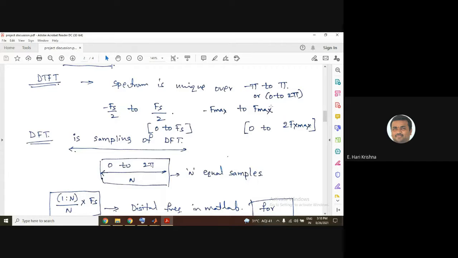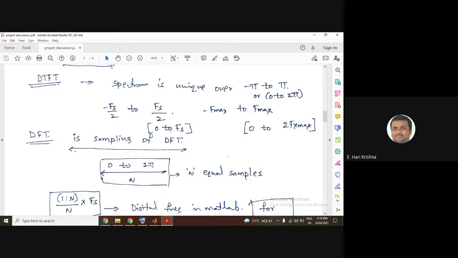So 0 to fs by 2 is enough to represent or plot in MATLAB. 0 to fs by 2 will be the maximum we require. 0 to fs is a double-sided spectrum. The half spectrum is fs by 2. Fs is equal to 2 f max, the 2 gets cancelled, so 0 to f max.